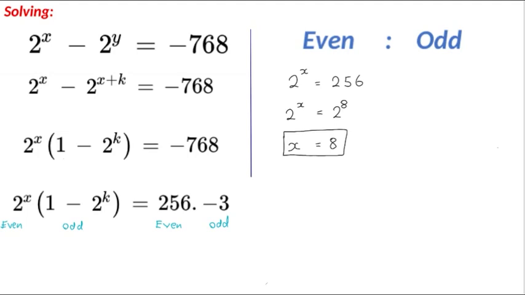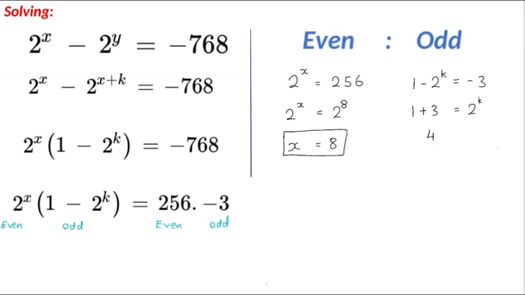Now let's go on to the odd. And we can say that 1 minus 2 to the power of k is equal to negative 3. Change both sides, and we can get 2 to the power of k. We reverse it, and we can say that's 1 plus 3.